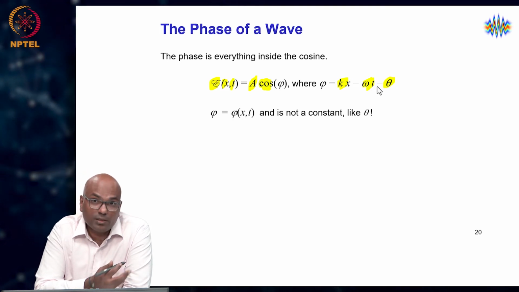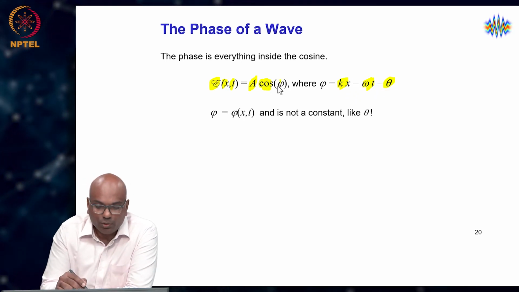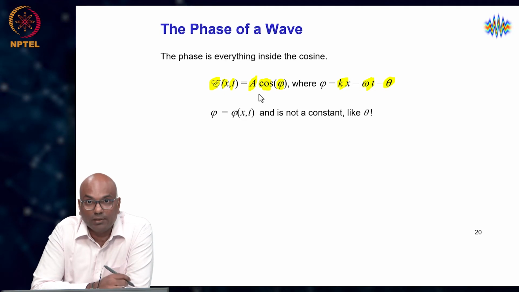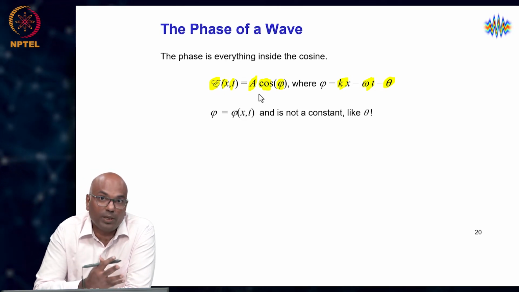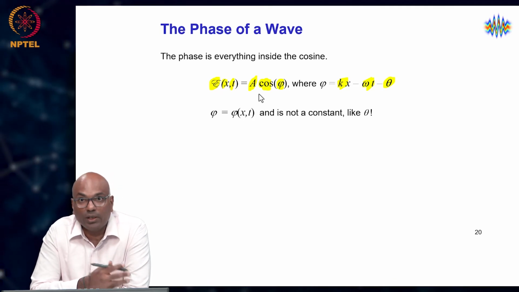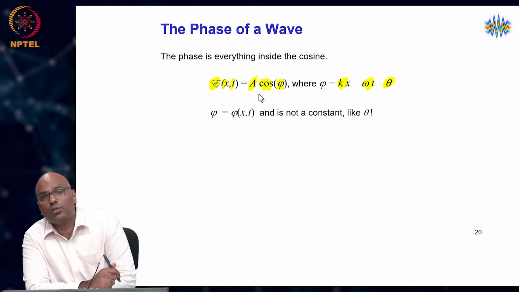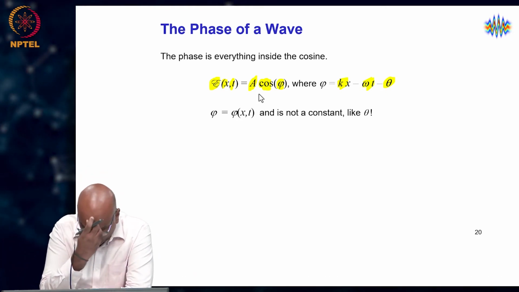So, now since cosine is a trigonometric function, the argument to the trigonometric function is a phase, it is an angle, right. The phase clock ticks all the way from 0 to 2 pi and repeats itself, wrapping around in periods of 2 pi, which is the periodicity of this trigonometric function, right.